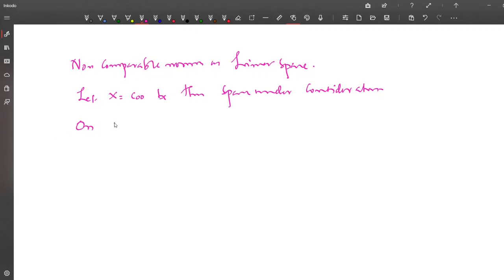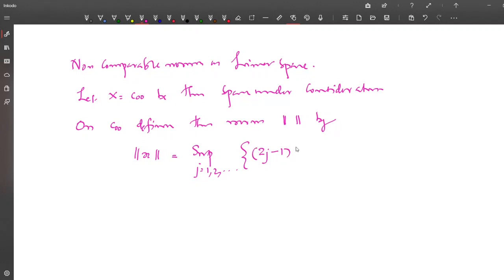On c_00, define a new norm by norm of x equals the supremum over j equals 1, 2, etc. of (2j minus 1) into modulus of x(2j minus 1), comma, modulus of x(2j) divided by 2j.